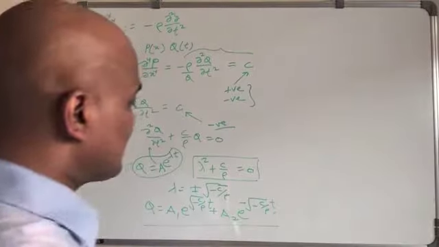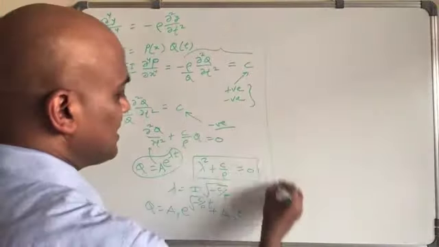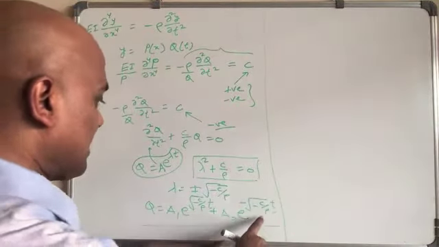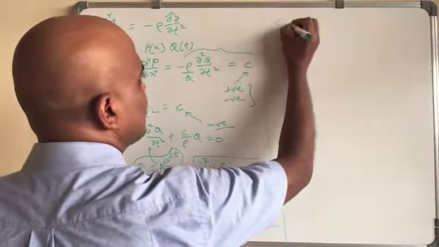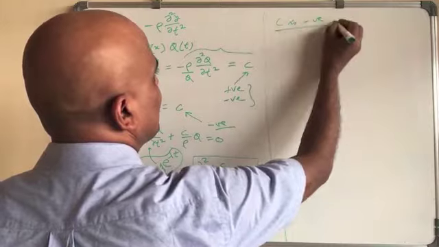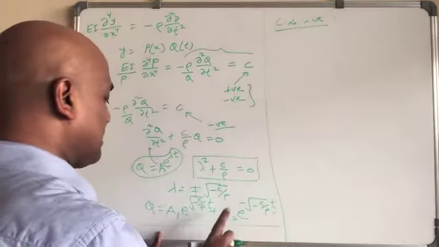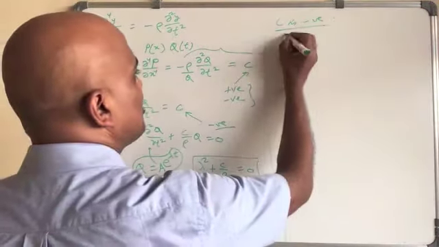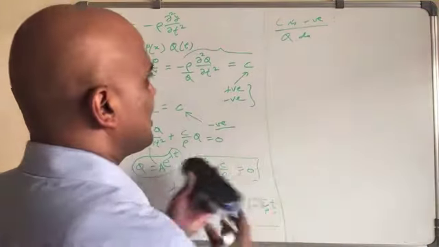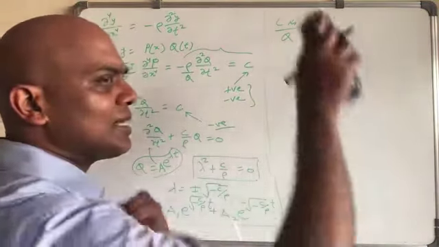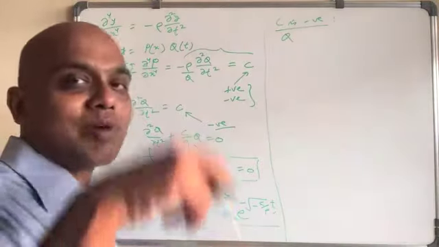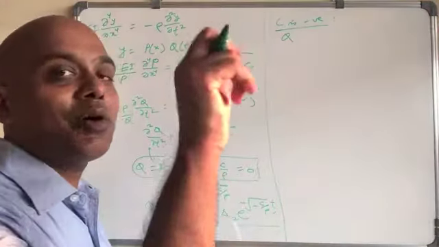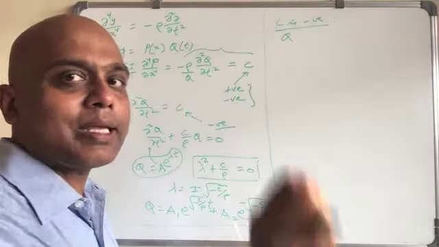So we can say that when C is negative, this is not working. If C is negative, this does not represent Q as oscillatory. It is not oscillating in time, and it does not represent some kind of sinusoidal behavior, where it should increase then decrease, then increase and decrease.